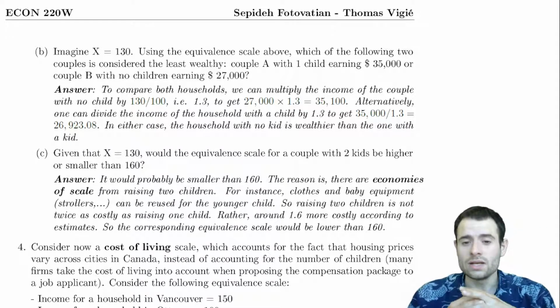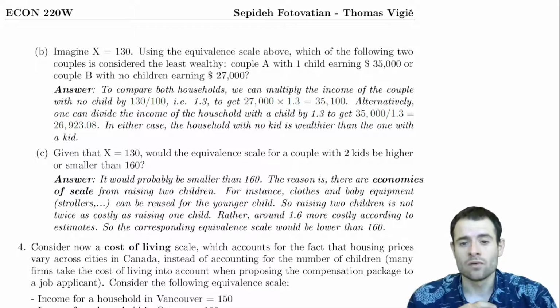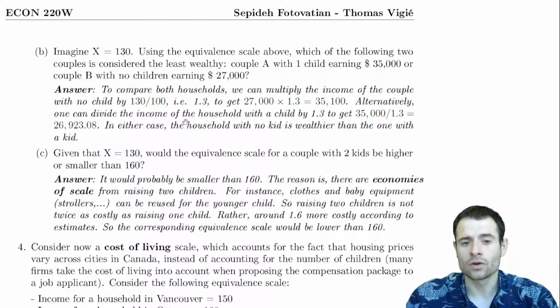Well, we need to use the equivalent scale. So to compare both households, we can multiply the income of the couple with no child by 130 over 100, which is 1.3.